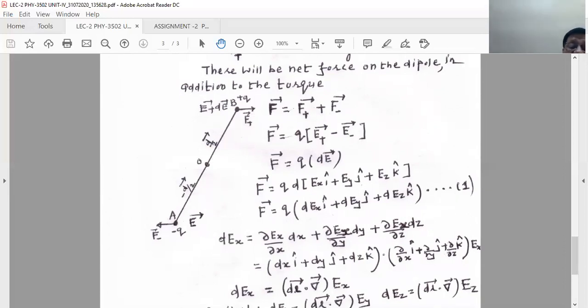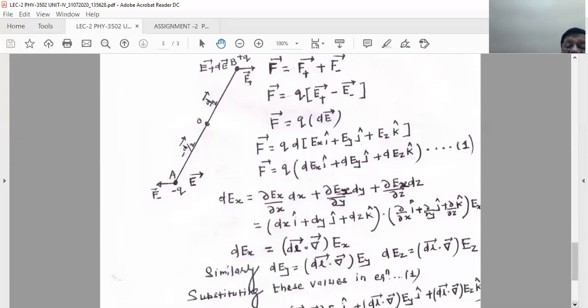So this is your dl vector, which we have already mentioned previously, and this is a del operator, right? So this is dl dot del operating on Ex. So basically, you know that dEx, that is the change in x component, is given by this relation.